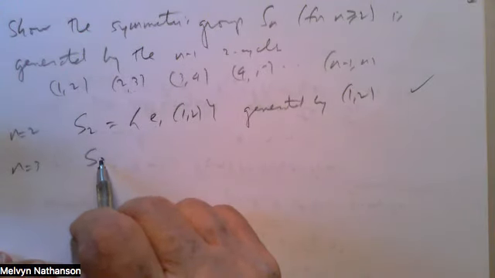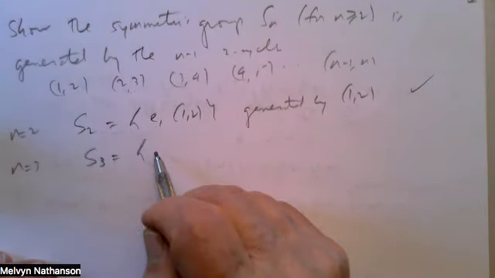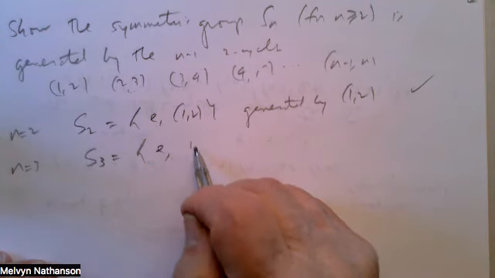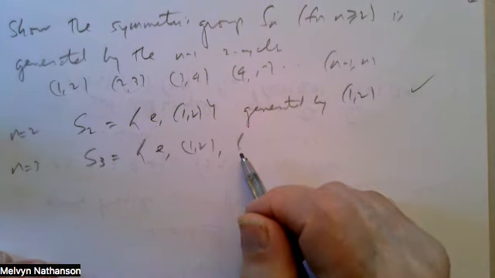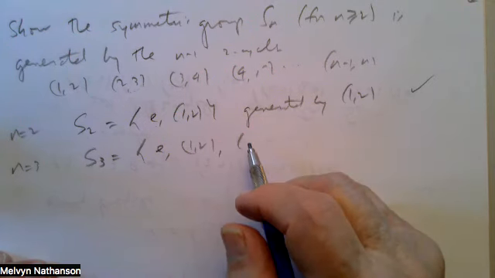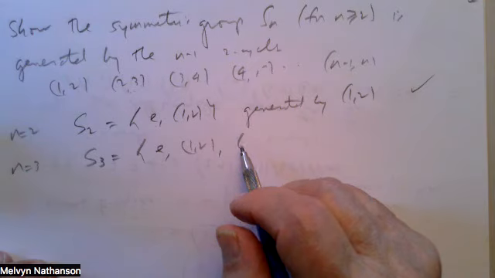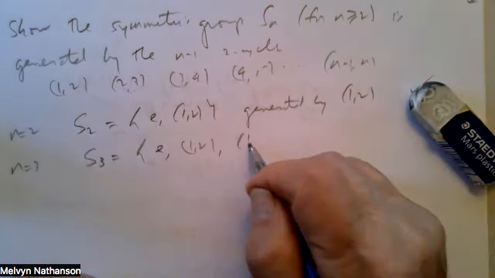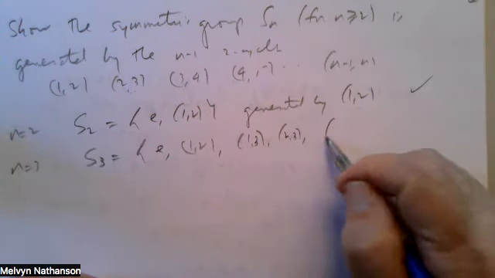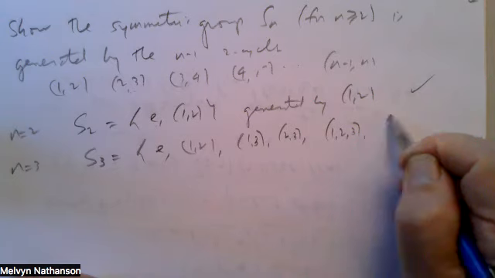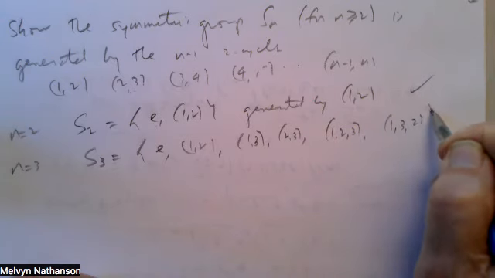Let's look at the case n equal 3. So S3, let's just recall, consists of the identity, there are 3 2 cycles, 1, 2, 1, 3, and 2, 3, and there's the 3 cycle 1, 2, 3, and the 3 cycle 1, 3, 2.